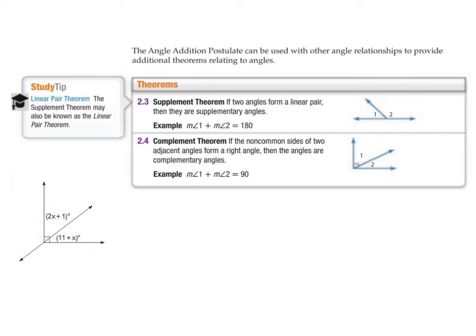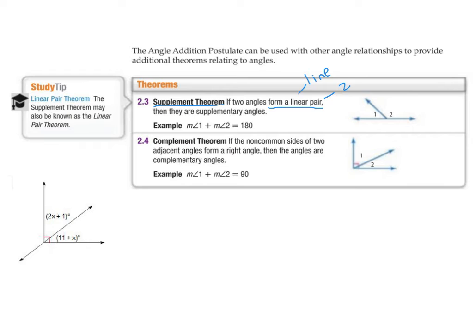We can also use angle addition with other angle relationships that we studied in chapter 1. So we have the supplement theorem. This means if you have two angles that form a linear pair, so think of linear, a linear means line, and a pair means two.